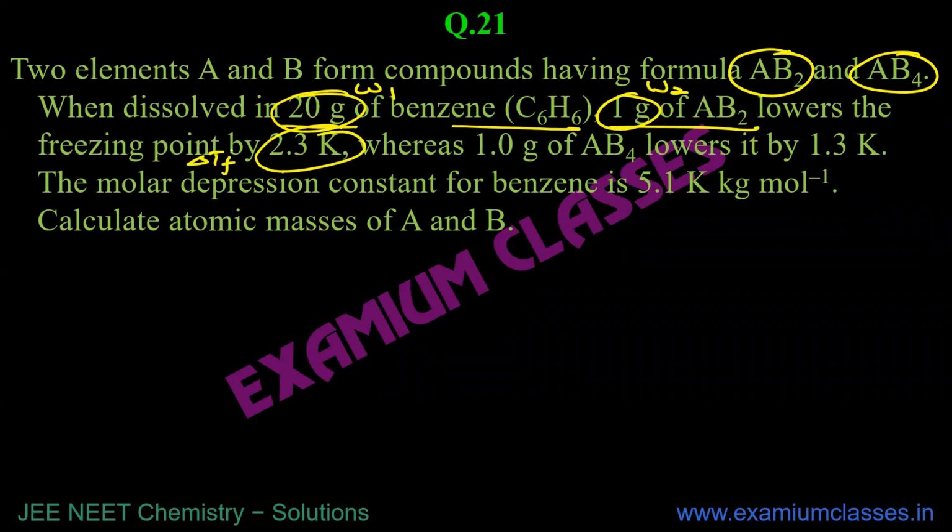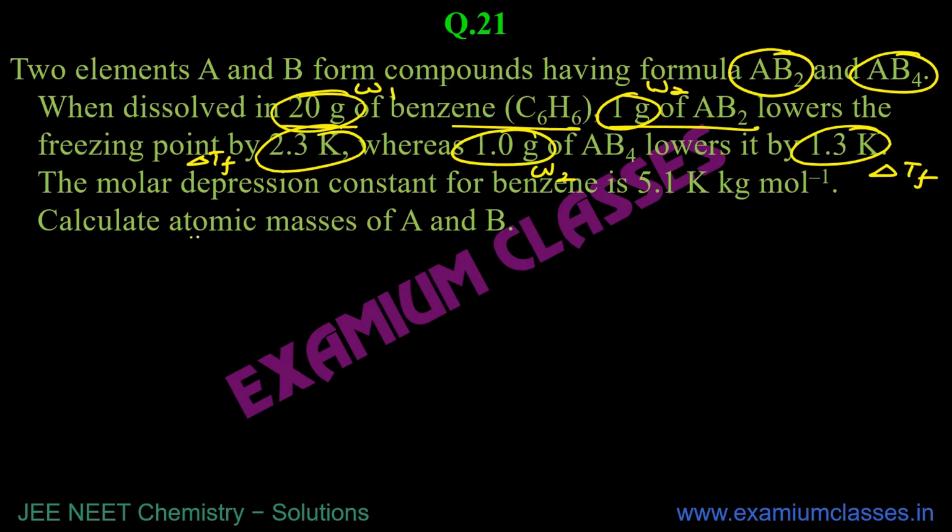This is the lowering, depression in freezing point, delta TF. Whereas 1 gram, again W2, this is the solute, for AB4, lowers by 1.3, again delta TF, but for second case. So we are talking about two cases. We will form two equations, again we will divide and we will get the answer.